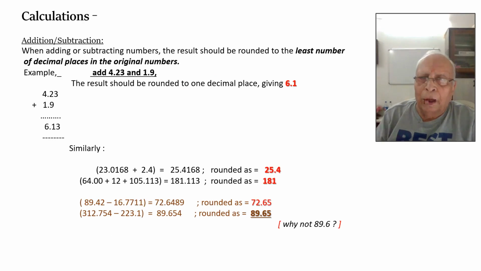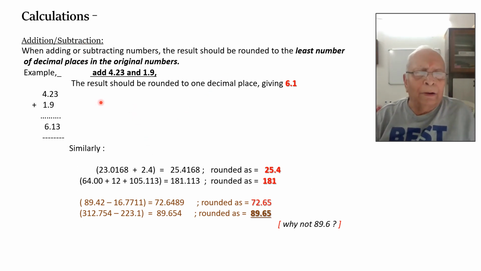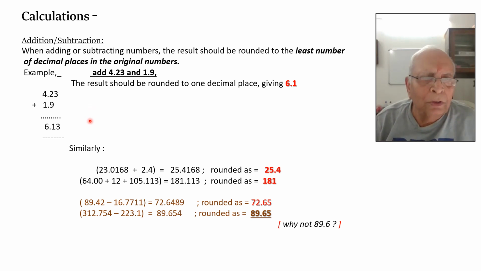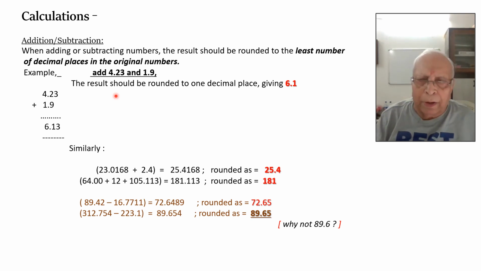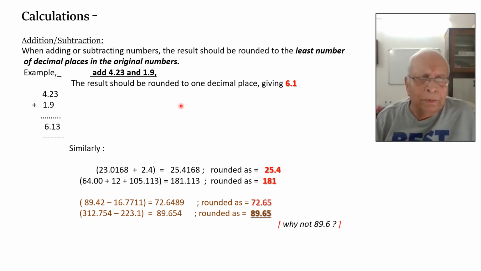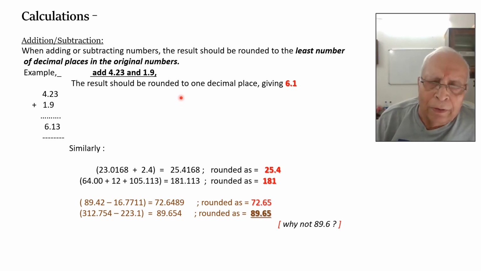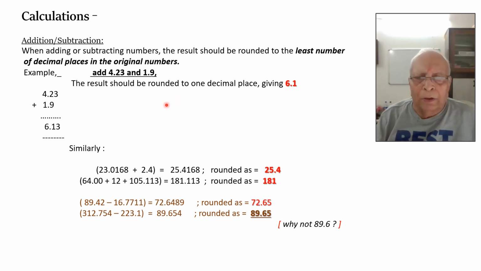Next, we have to perform very often, rather frequently, certain calculations and limit our results to the desired significant figures. So, here is a very simple example. It may be addition, it may be subtraction, it may be multiplication or even division. In all these cases, we have to limit our results to the desired significant digits.